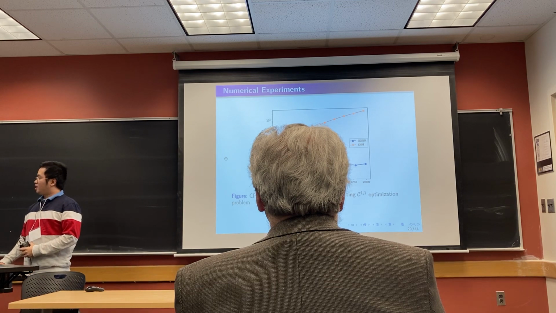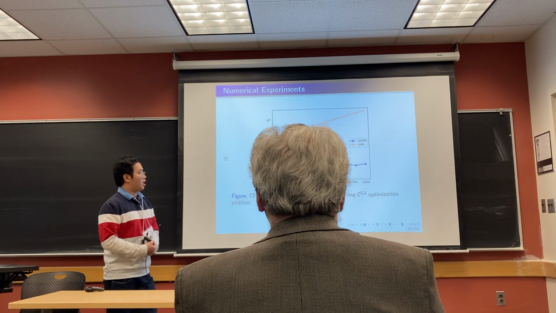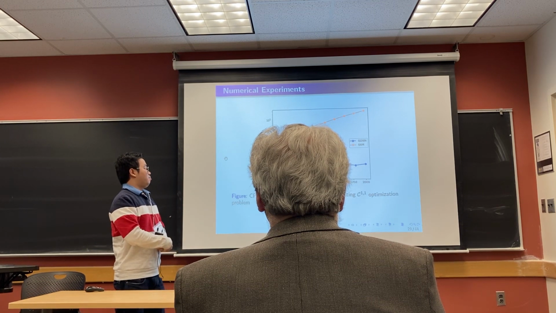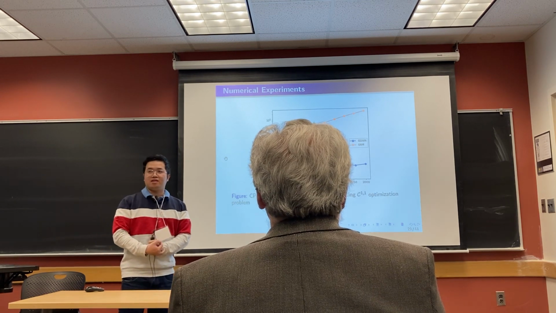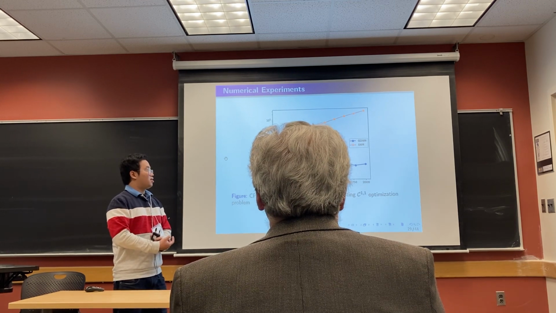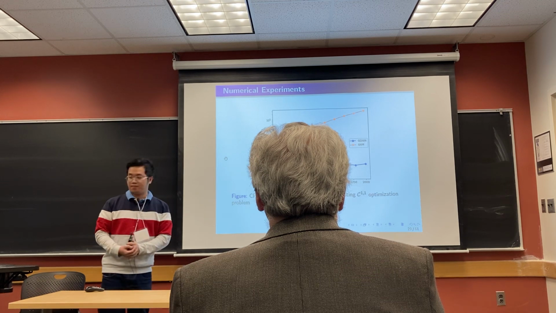We can see that our method is more efficient than the semismooth Newton method, because in this case we can find an explicit formula for the direction, while the semismooth Newton method is required to solve a linear system of equations.